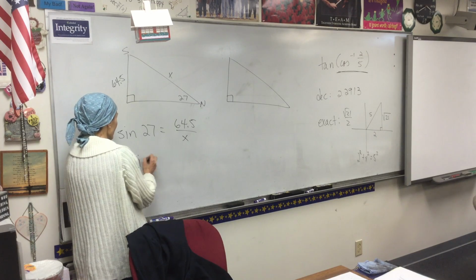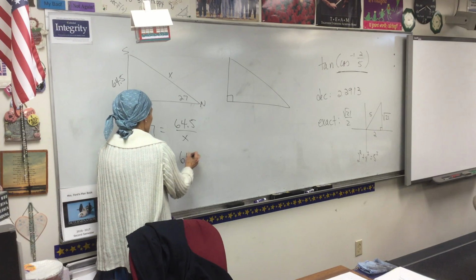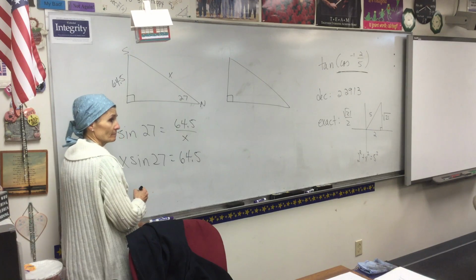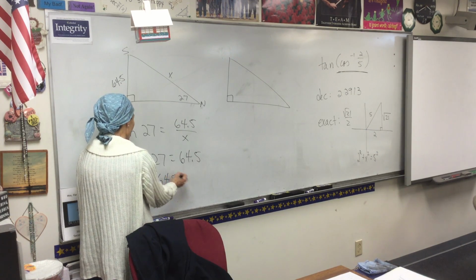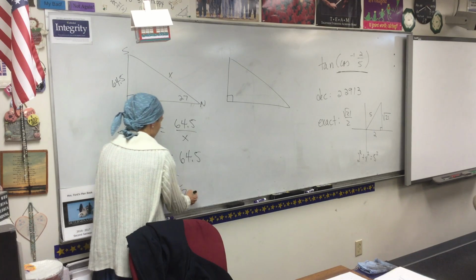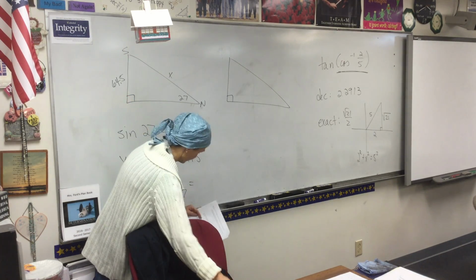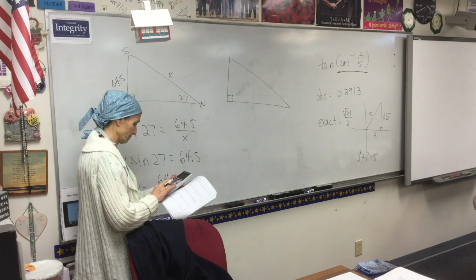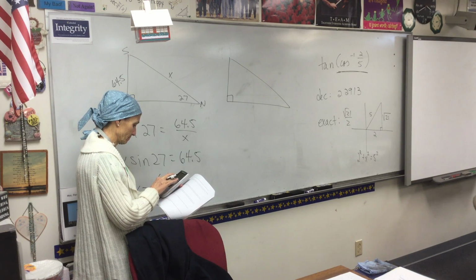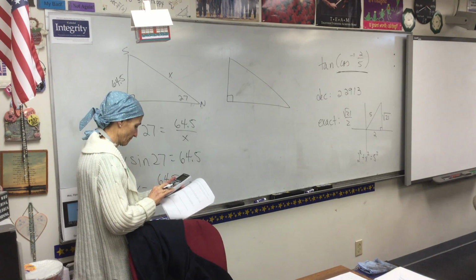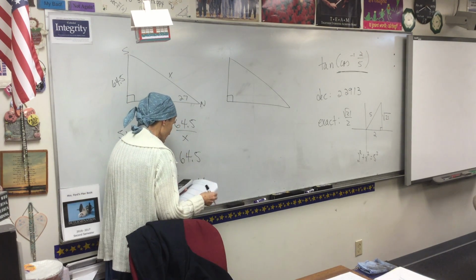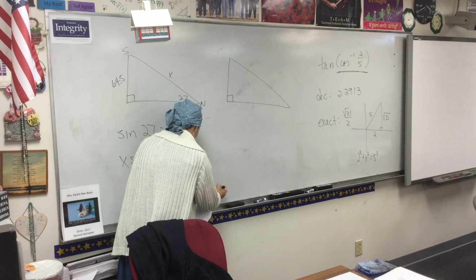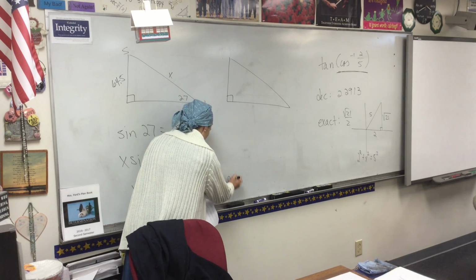So X sine 27 equals 64.5, and X equals 64.5 over sine 27. What are my rounding directions? 142.07 feet.